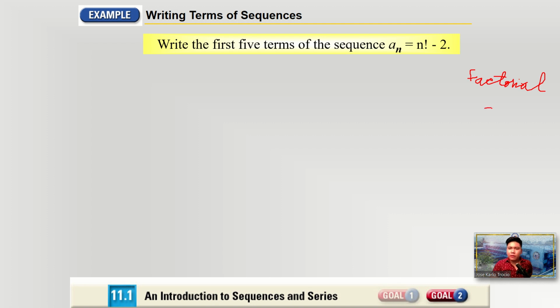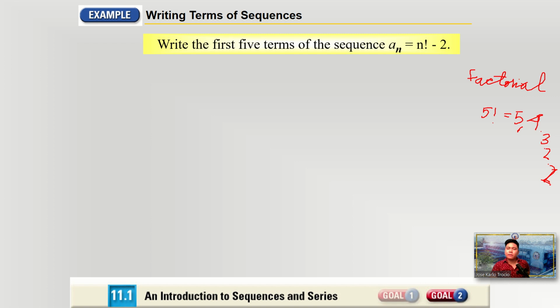Factorial of 5, or 5 factorial. You're just going to solve it like this: 5 times 4 times 3 times 2 times 1.